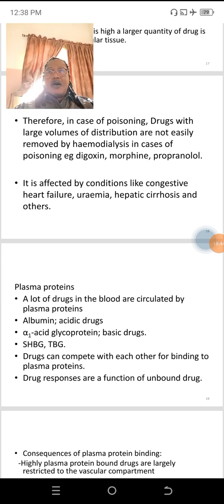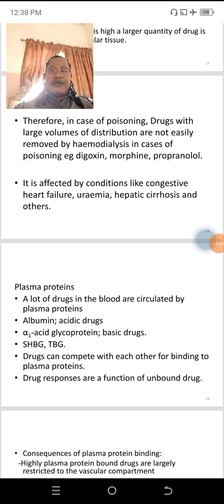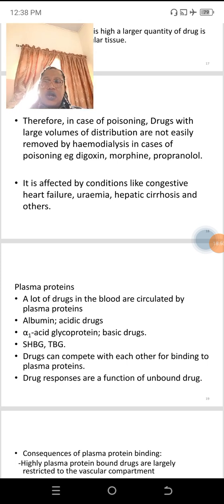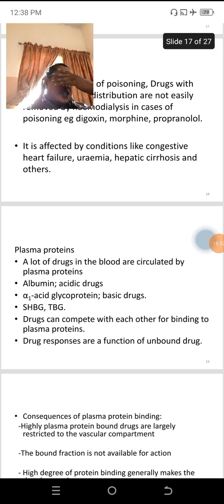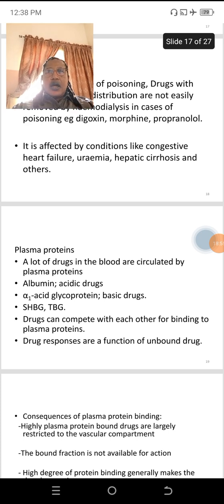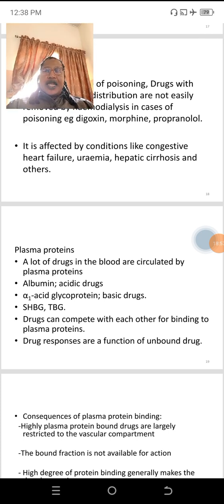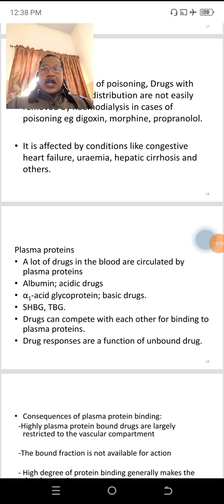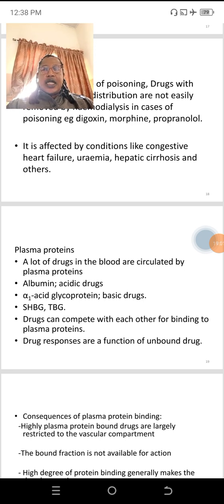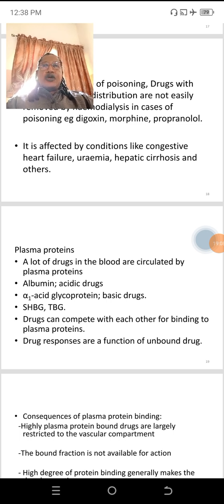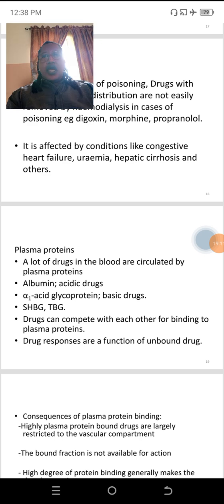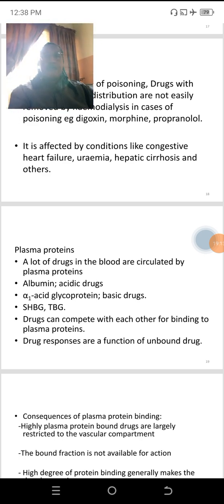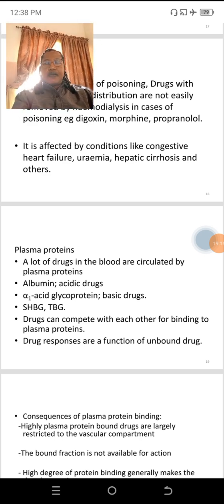So you have plasma protein binding and tissue protein binding of drugs. For acidic drugs, the commonest protein that binds them is albumin, whereas alpha-1 acid glycoprotein binds basic drugs. These two are the most important proteins involved in drug binding within the plasma.